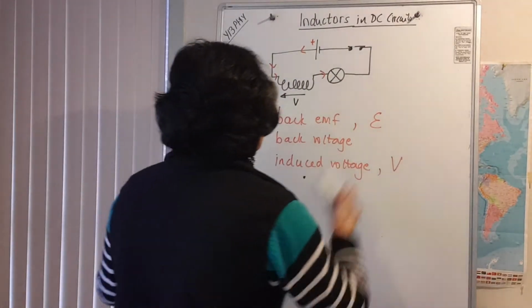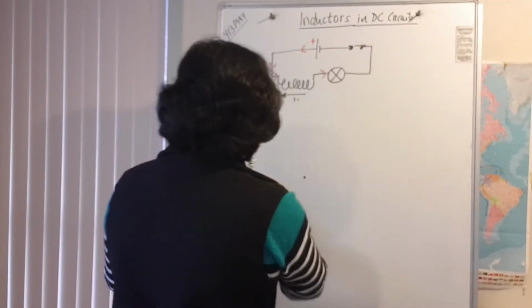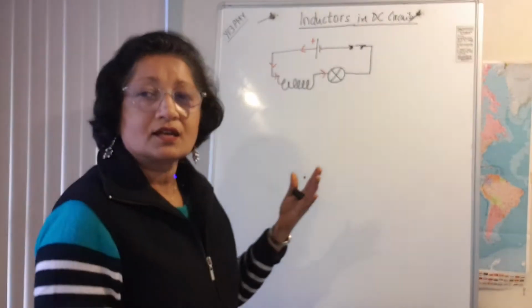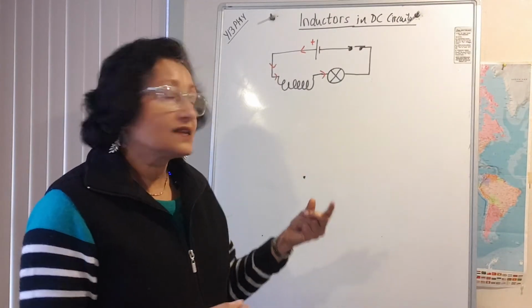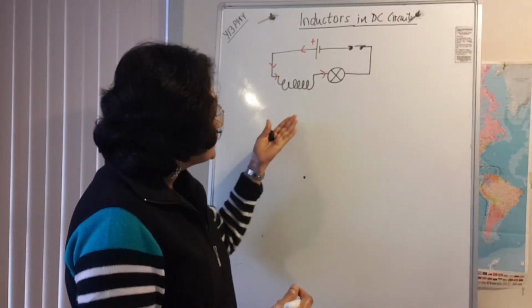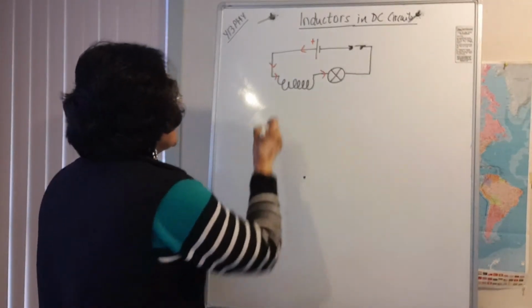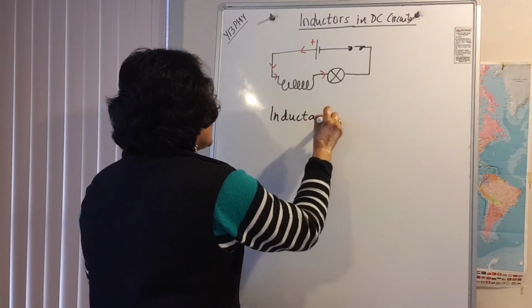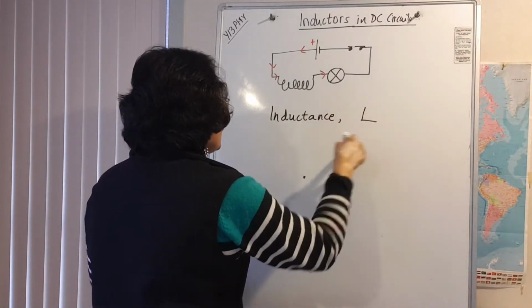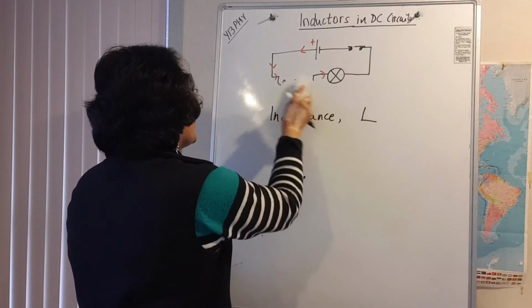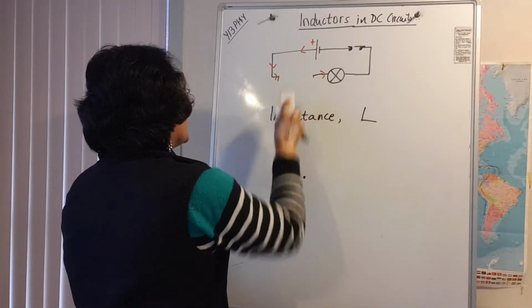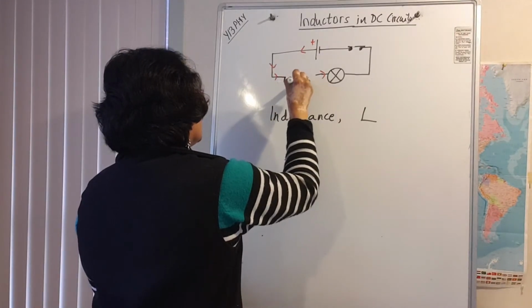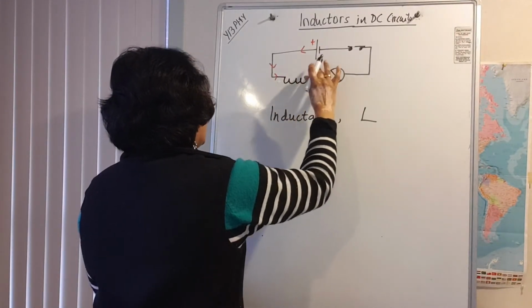Okay, so this property of the inductor, where there is changing flux and it has this induced voltage, is called inductance. And the symbol for inductance is L, and the symbol for an inductor in a circuit is kind of like coils of wire, like this.